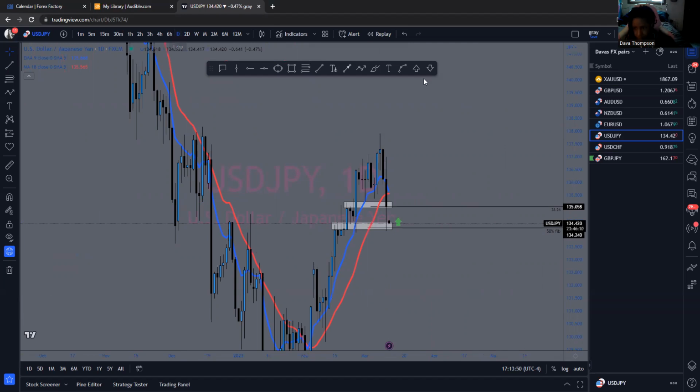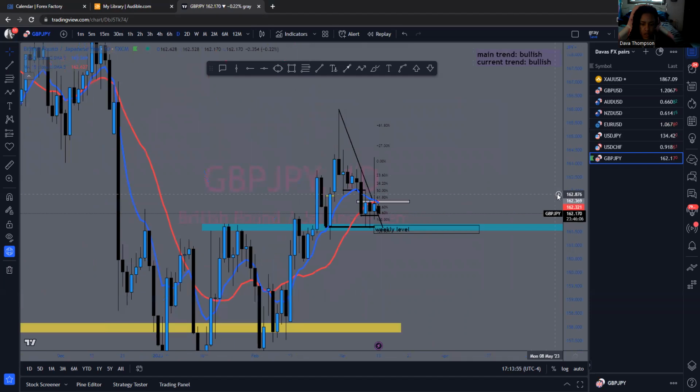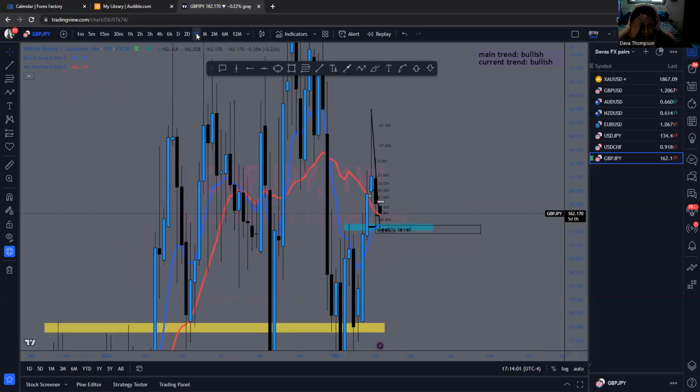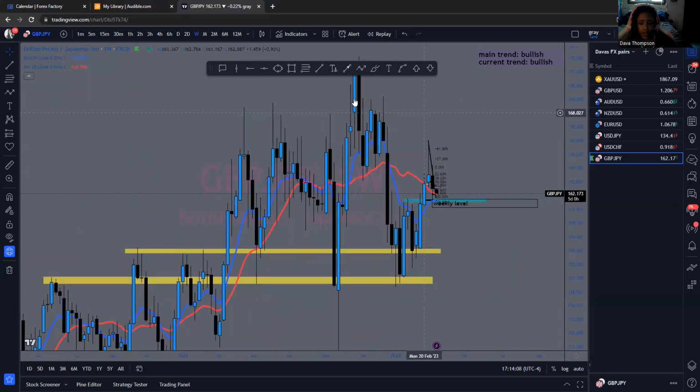And for GJ, what is she doing? No, it's crazy. Let's see, on the weekly. For the trends on GJ, I like to use the weekly and the 4 hour. So the weekly is honestly looking bearish, and I don't like to admit that because I want it to be bullish.